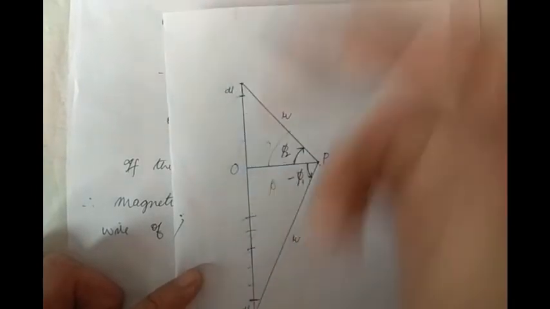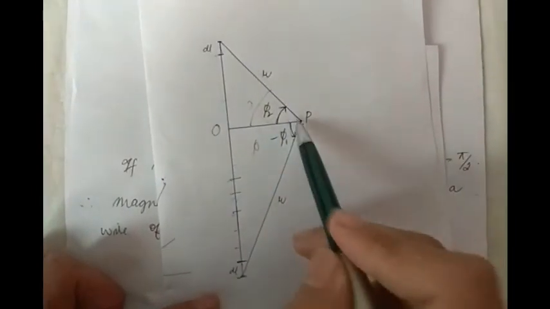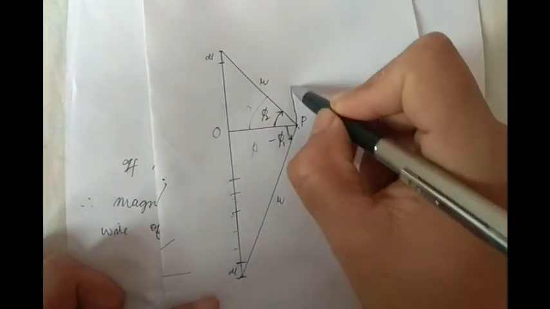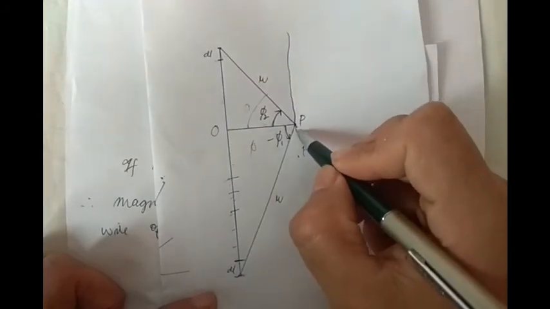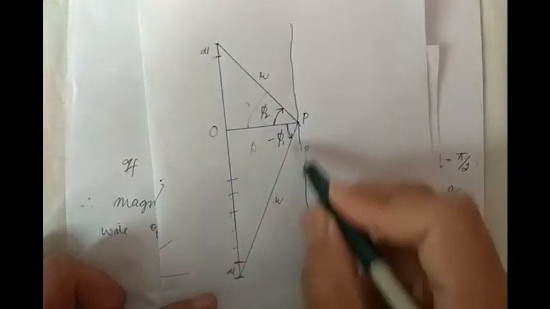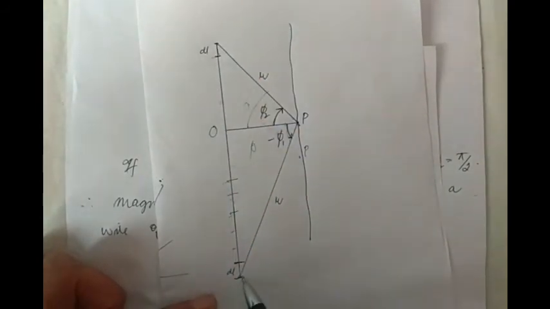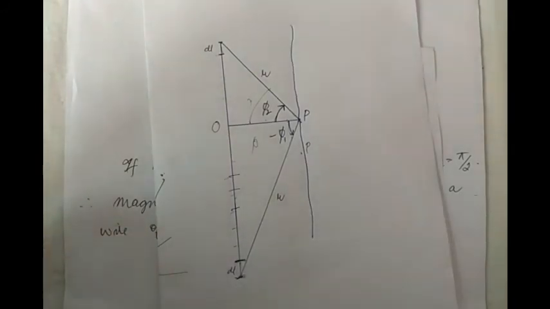So also this dl would be at infinity. So this length r would be parallel to the wire on both sides, on the upper side also, on the lower side also. Why parallel? Because this length r would meet dl only at infinity. It's like the optimistic definition of parallel lines.